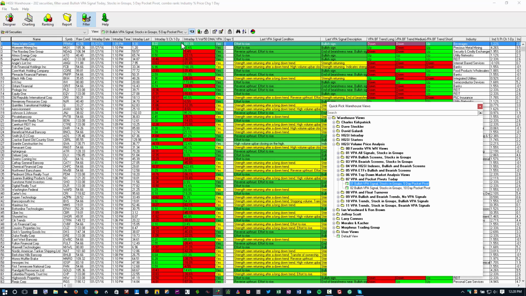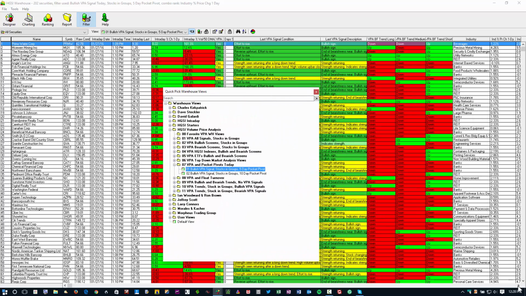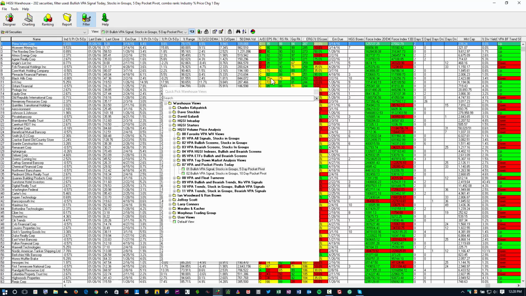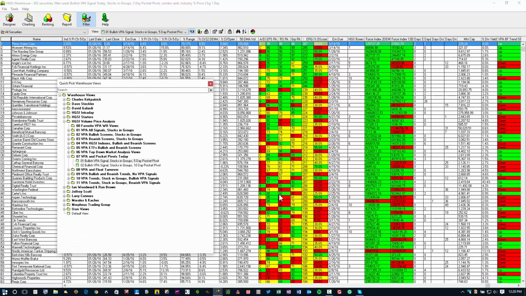The information I have on here is the intraday percentage price change one day and the percent volume divided by the 50-day moving average volume. If you look over further to the right, you'll see that there are scorecard numbers over here and also the force indexes.